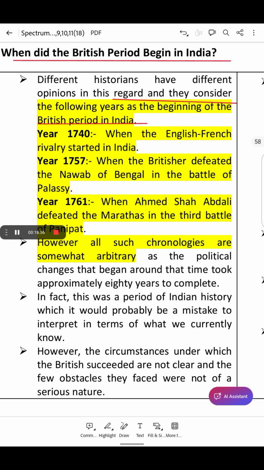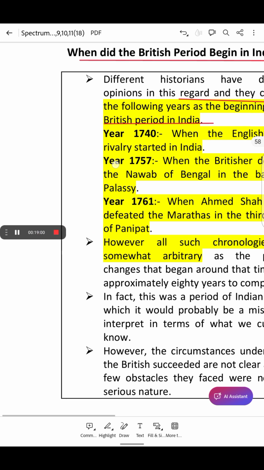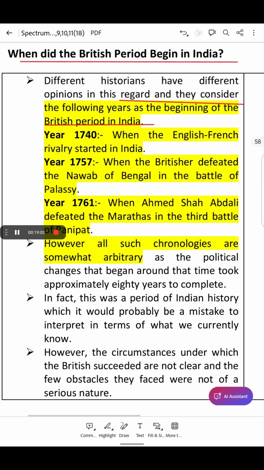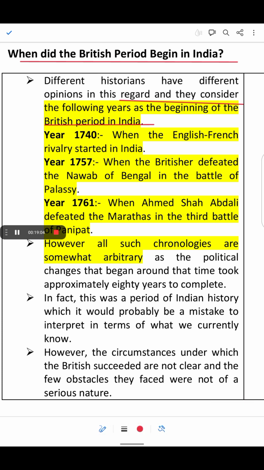Now, in the year 1757, the British defeated the Nawab of Bengal in the Battle of Plassey.